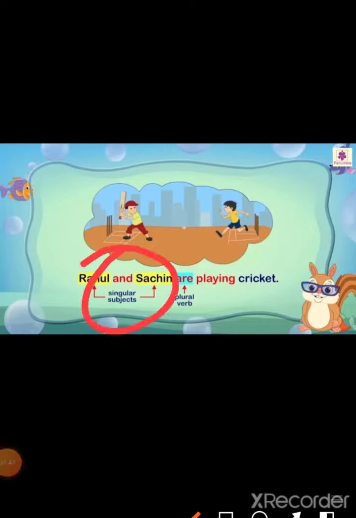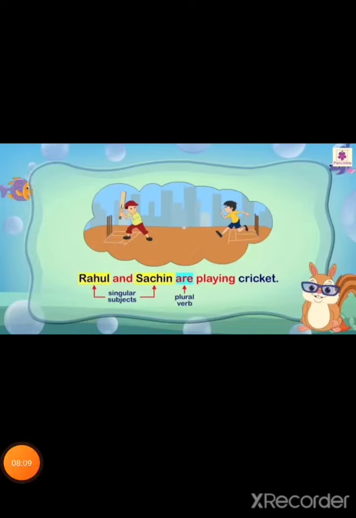Okay, so after that plural verb will follow. Rahul and Sachin are playing cricket. You cannot write is. Rahul and Sachin is playing cricket. You cannot write that because two singular subjects equal a plural verb. Okay. So Rahul and Sachin are playing cricket.